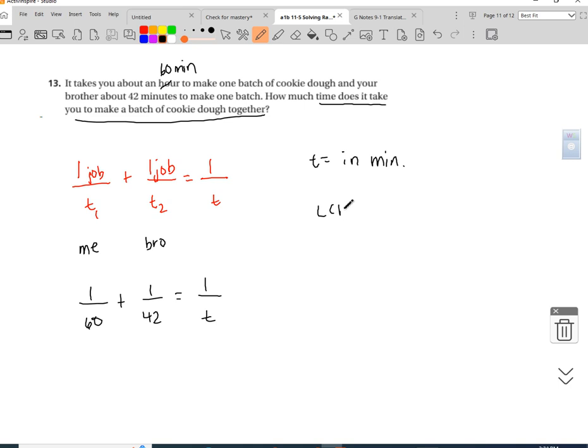So we're going to find our least common denominator, and that's just going to be 60 times 42 times t, and we're going to multiply all of these by that.